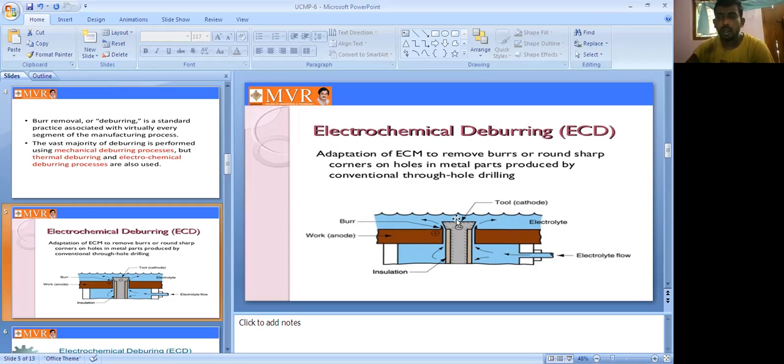When the tool or cathode moves upward and backward, slowly the workpiece surfaces change. After a certain time we can see smooth surfaces and a good surface finish on the workpiece. This is the block diagram of the deburring process.